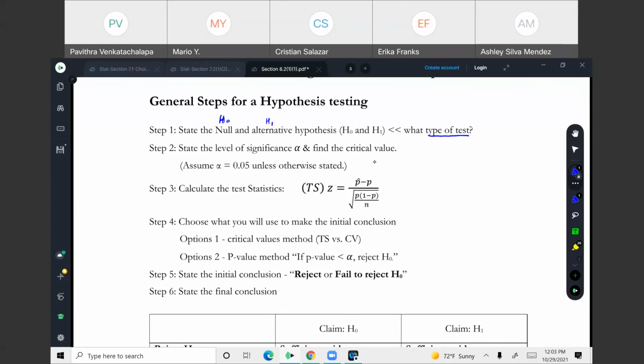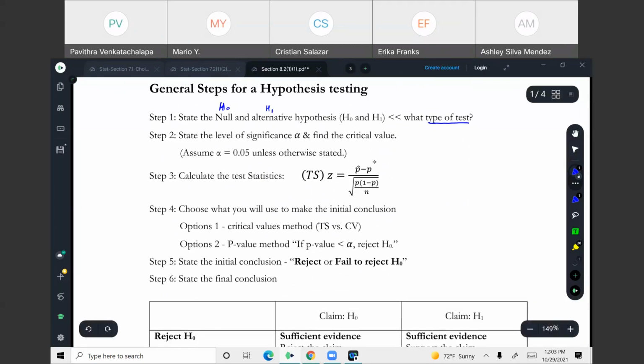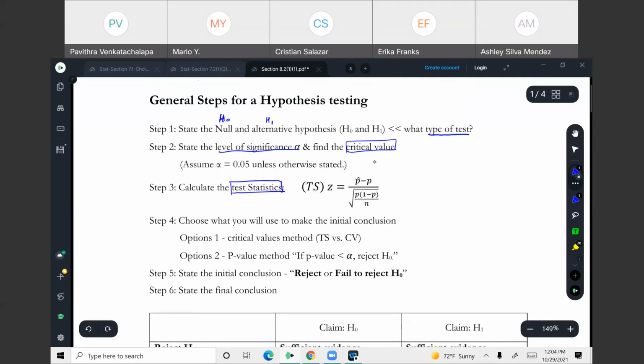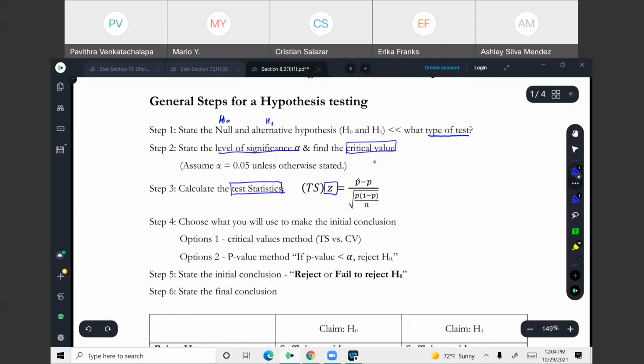And next, you will be given a level of significance and you need to find the critical value. After finding the critical value, you will be calculating the test statistic or TS. You had a table where I showed you the formula. And this formula is for proportion.